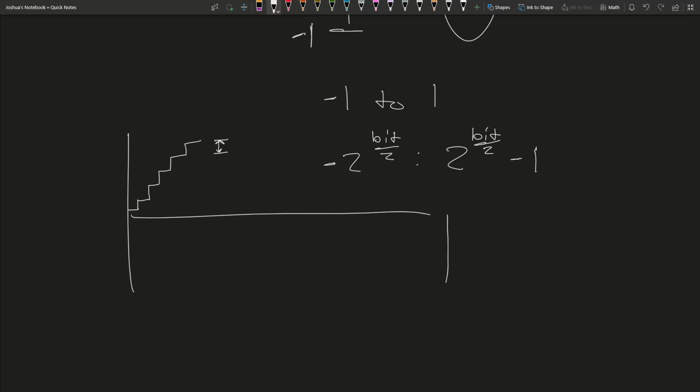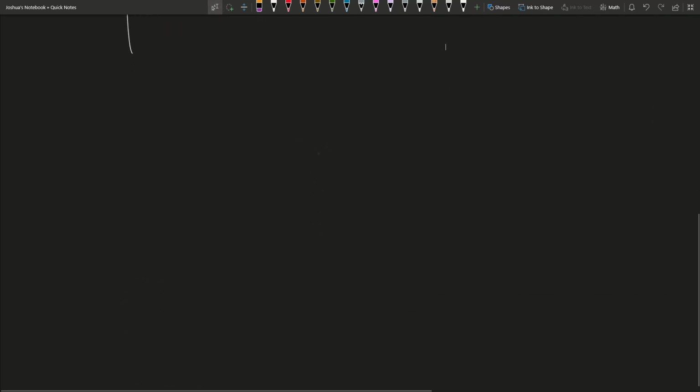So the total amount of numbers that we have to represent a signal is 2 to the bits. So let me do a quick calculation. Typically, we listen to music at 24 bits.